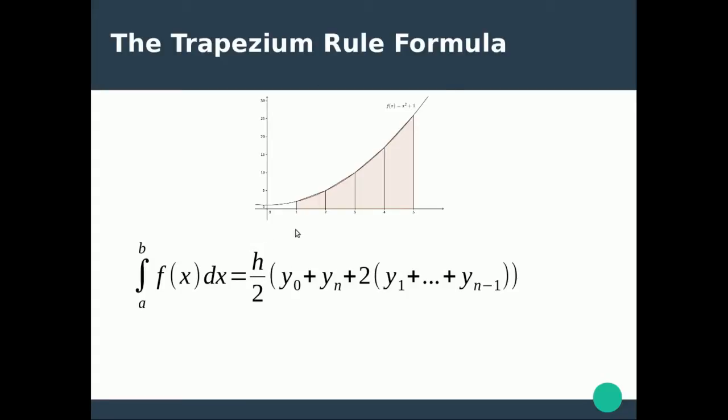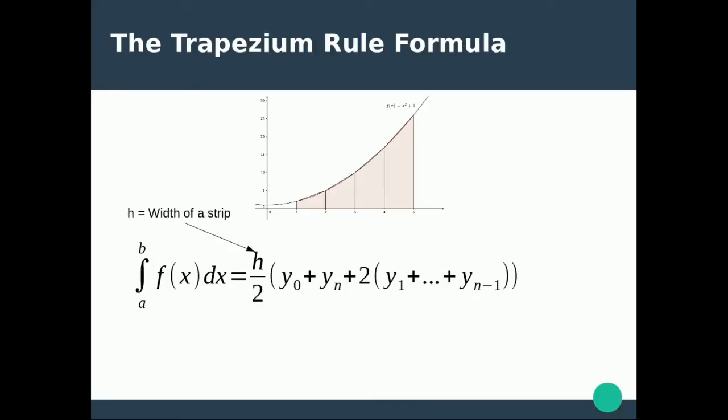We have h, which is the width of a strip, y0, which is the height of the first part here, because remember with the trapezium rule we split our area up into trapezia, so it's the length of the left hand side of the first trapezium, yn is the last side, and y1 to yn are all the ones in between, and obviously the number of those that you get will depend on the number of strips that you split it into.